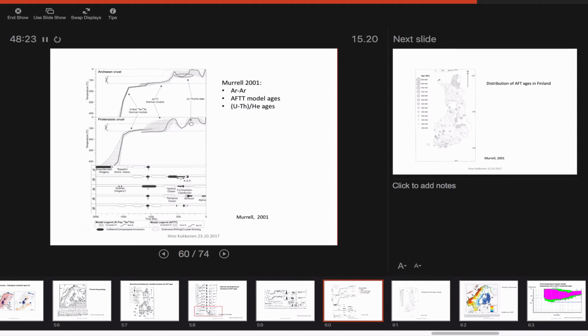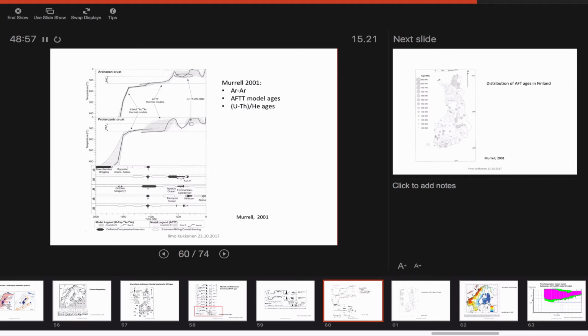Now, in terms of the paleotemperatures, if you have a situation like this, that you have temperatures increasing downwards as normally, and here is your outcrop sample. So outcrop corresponds to that one. But the deeper you go, the closer you get to the partial annealing zone, and the data should start to reflect that as well.